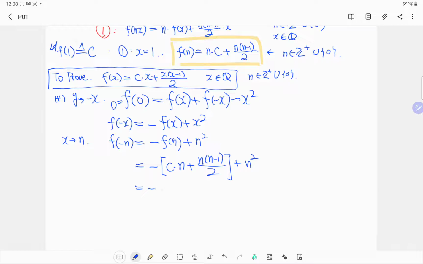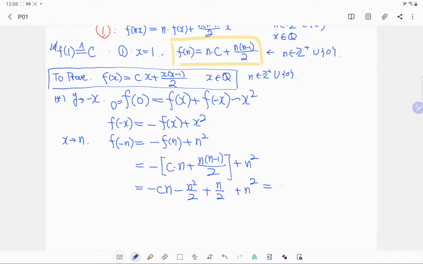So we have minus cn plus minus n squared over 2, and then n over 2 with an additional negative sign, so we have plus n over 2, and then finally we have plus n squared.